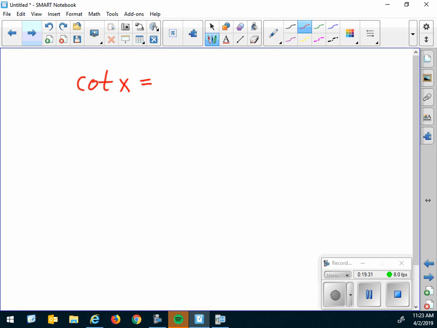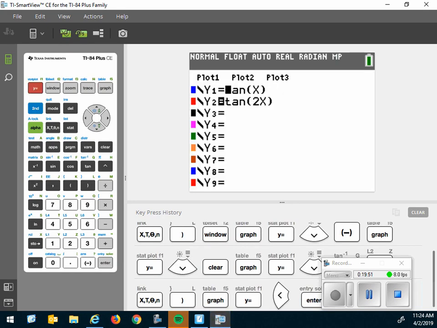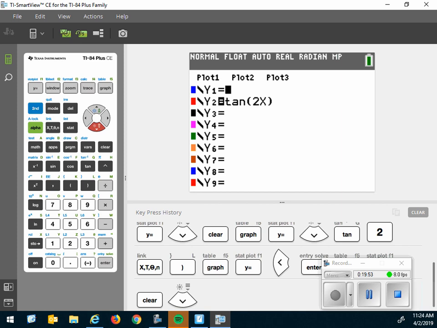Opposite reciprocal inverse, right? It's the reciprocal. The only way you can graph cotangent on your calculator is to do 1 over tangent. There is not a cotangent key. Go to your calculator. And we're going to graph, just clear these out. We're going to graph cotangent.